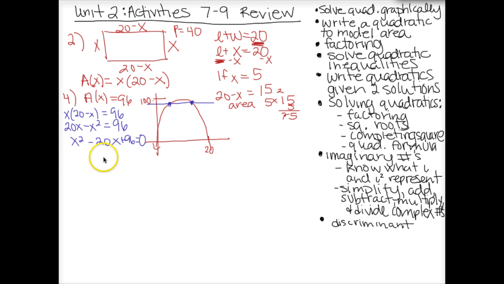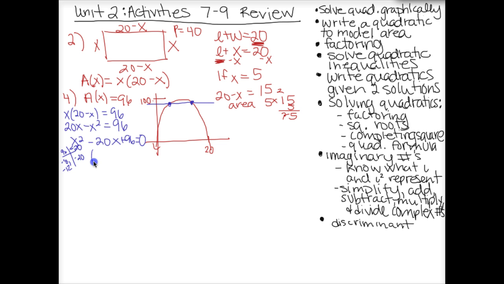So we would always check to see if it's factorable first before we would look at our other algebraic methods. So I would look to see, is there something that multiplies to 96 that adds to negative 20? And there are negative 8 and negative 12. They multiply to positive 96. They add to negative 20.